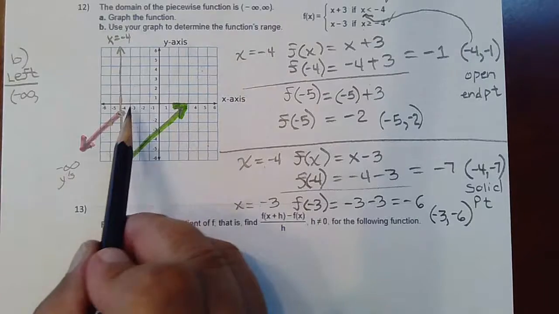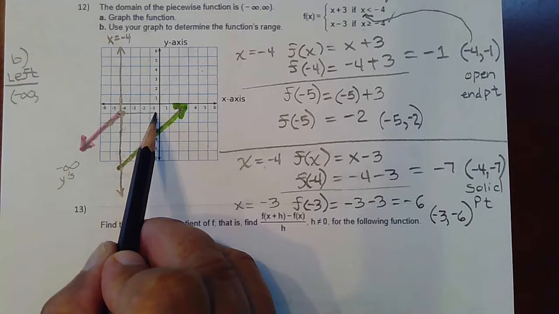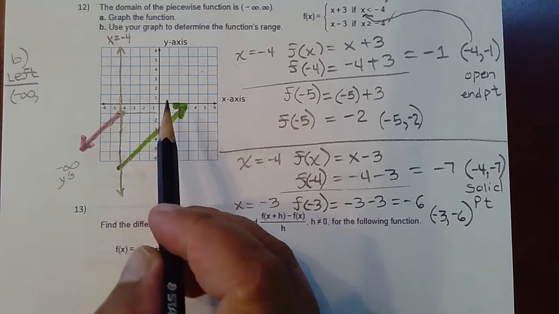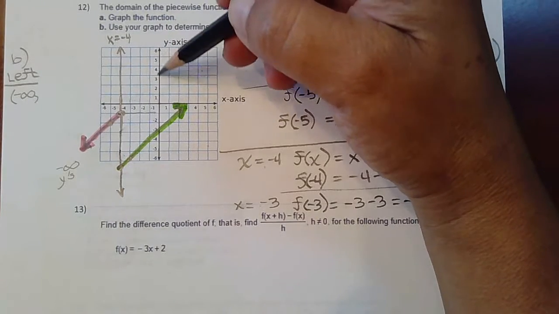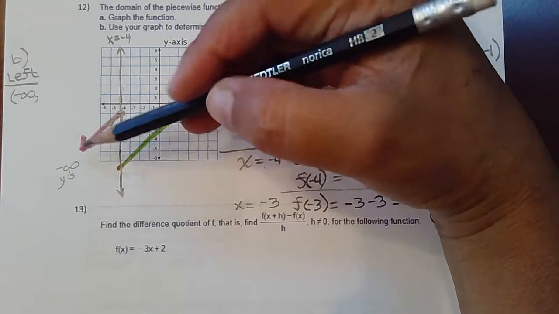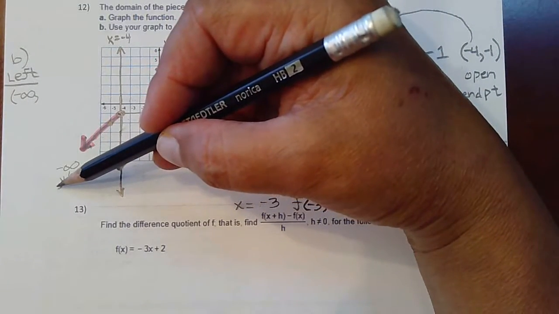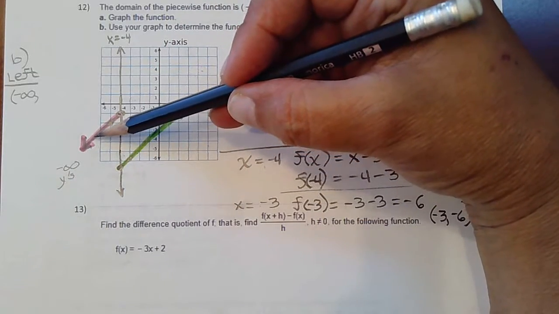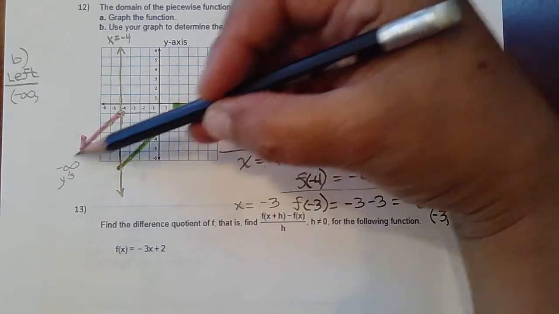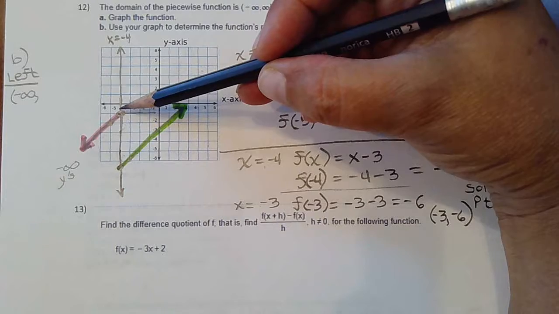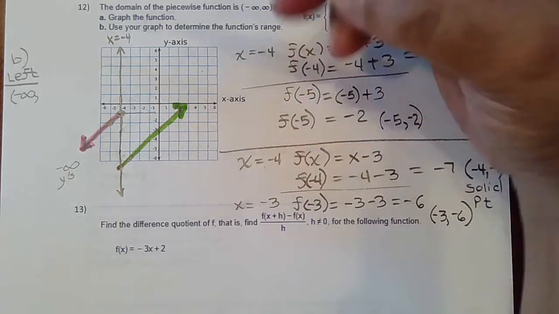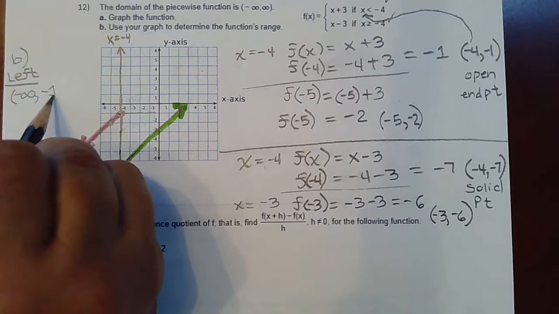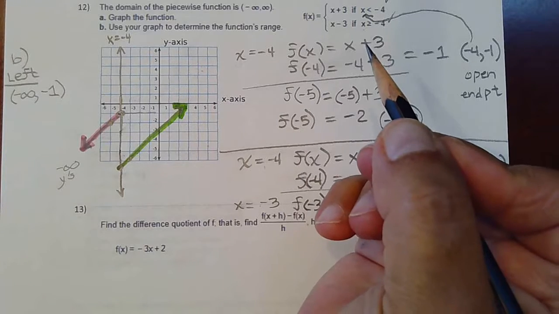The y value that goes with that is actually -1, because on the y-axis they're counting in ones. So the y values down here are -infinity, and then the very highest y value on this little pink line right here is a y value of -1. Okay, so that's the left side.